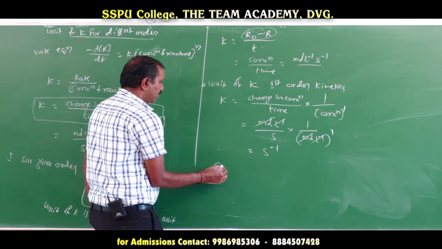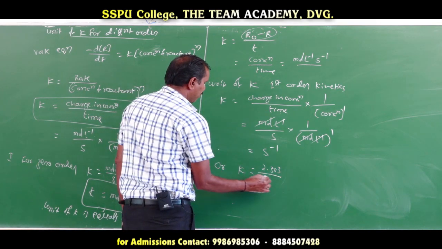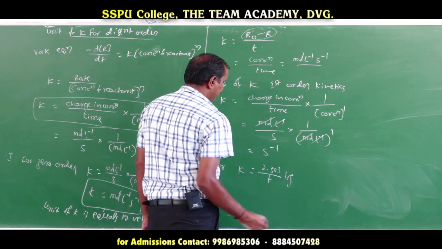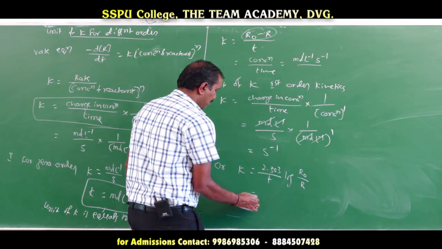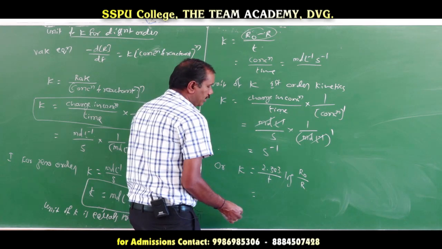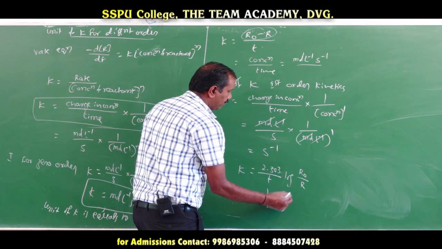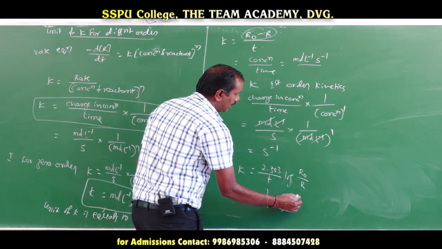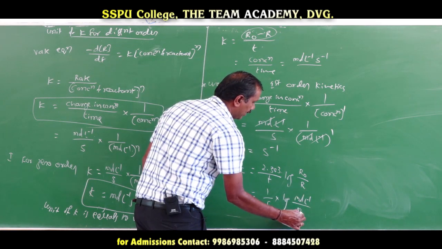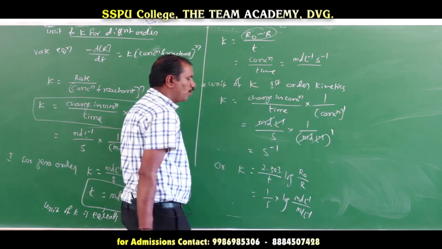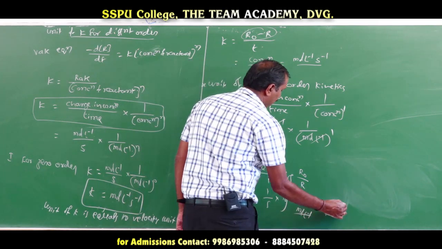Or we can derive it from the equation where K equals 2.303 by T into log of R naught by R. 2.303 is the constant value, 1 by T, T in terms of seconds, and log of concentration terms, that is mole per liter. R is also the concentration left behind, mole per liter. These two cancel, then 1 by second, nothing but per second.